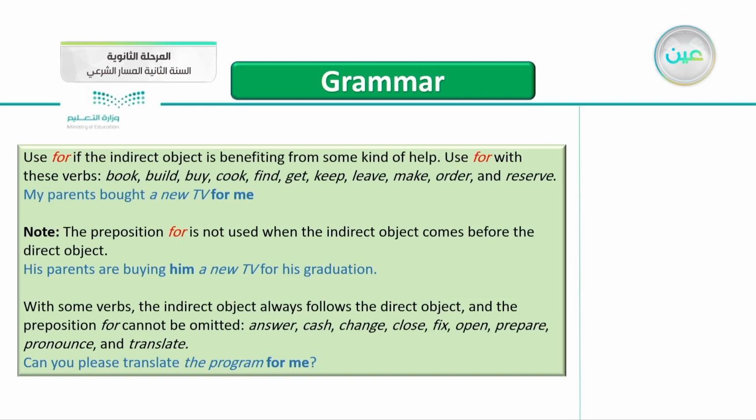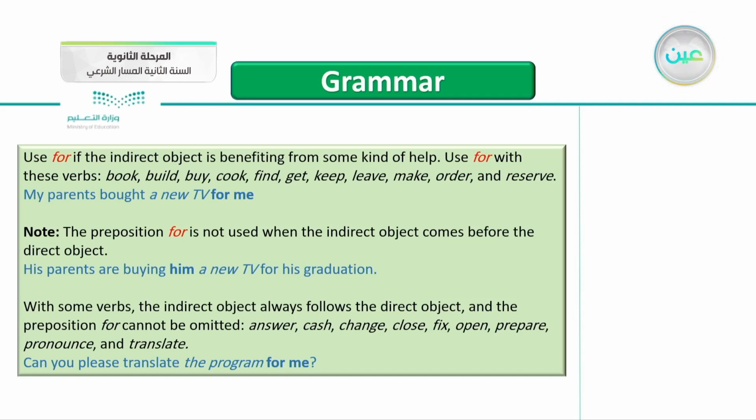So we use "for" if someone is helping someone else, someone is benefiting from someone else. We use "for" if the indirect object, not the direct, the indirect object is benefiting from some kind of help. And we use it with these verbs.